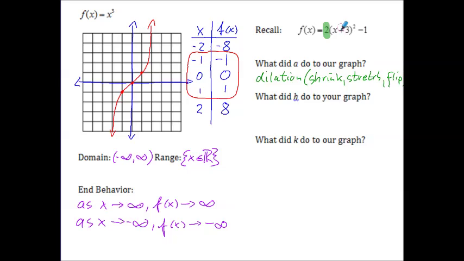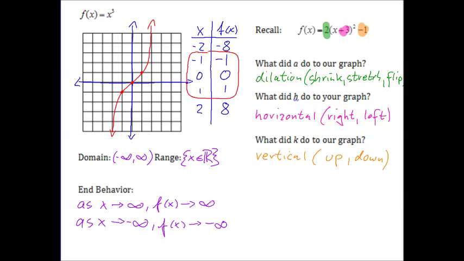H, which is the opposite of this number here in the back, is the horizontal shift. In other words, right or left. And K, which is the number here in the back, is the vertical shift. In other words, up or down.